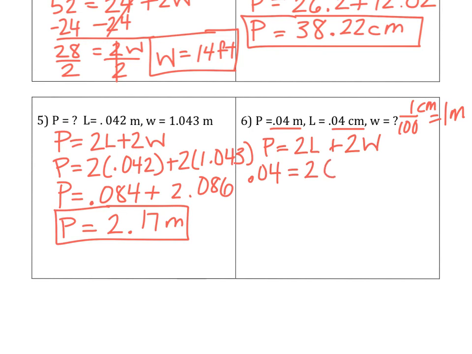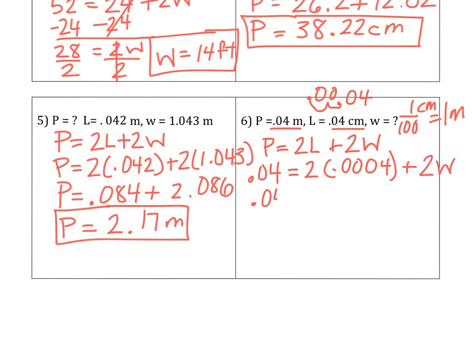2 times, oh, we got to convert. So we have 0.04, and we were going to divide that by 100. So we have to move our decimal over twice, so that I have 0.0004, that was my conversion, into meters, plus 2W.